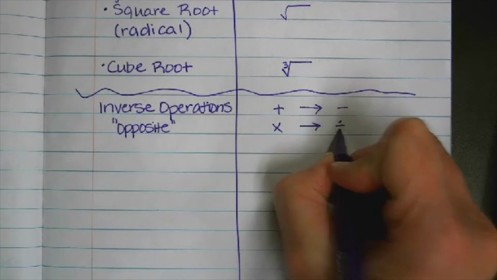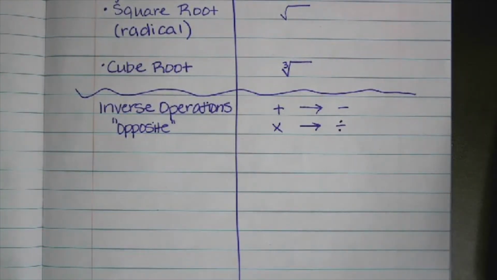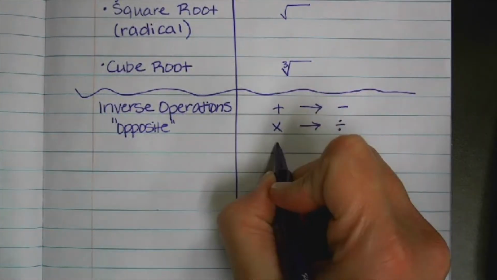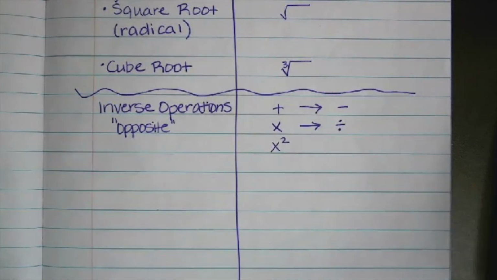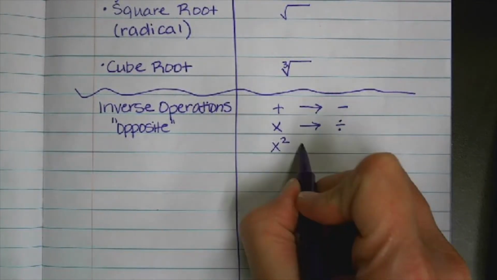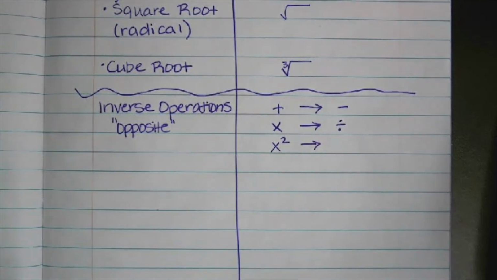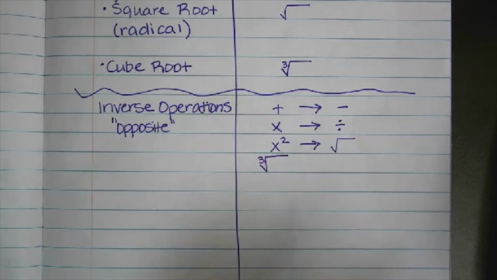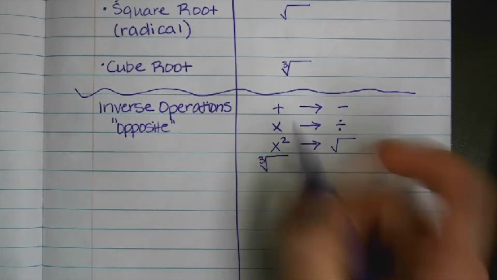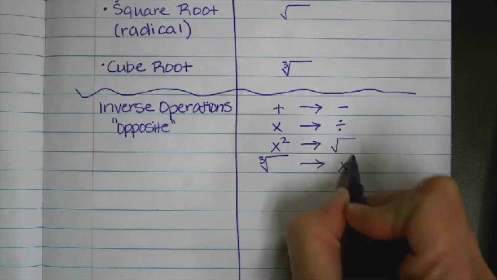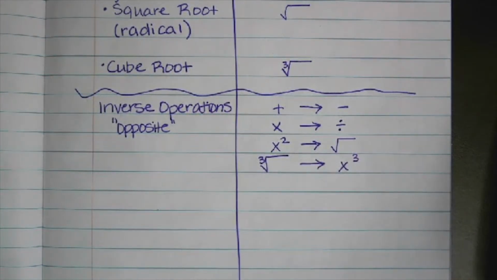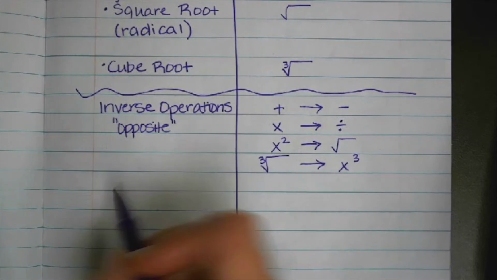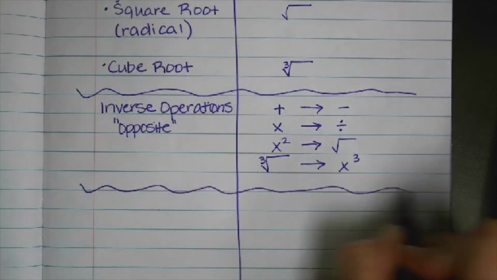Yes, the opposite operation of multiplying is dividing. And so now with our new information, if we are squaring something, to undo this operation, the inverse operation would be square rooting. So let's switch this up. What is the inverse operation of cube rooting something? It would be cubing.